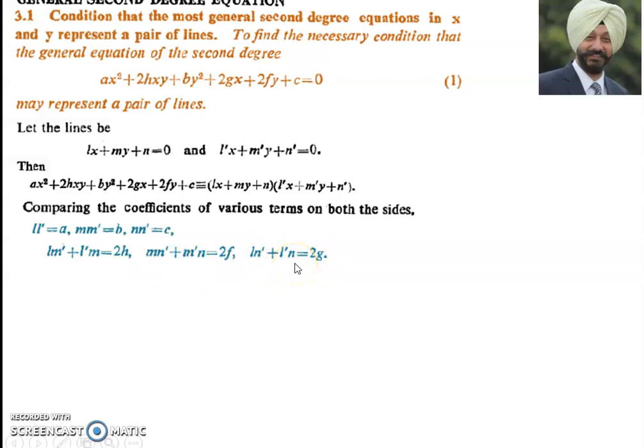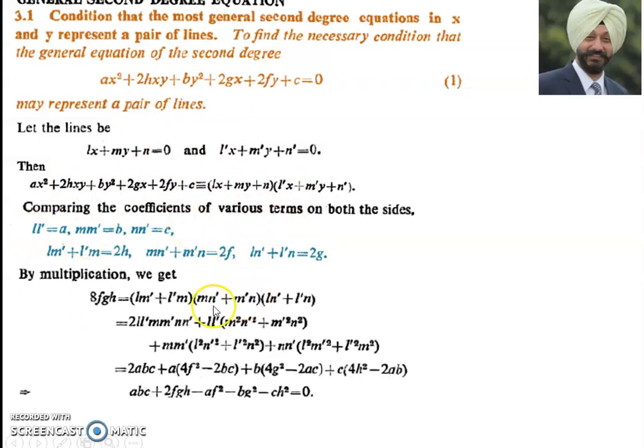Here students, be very careful when we multiply the right hand side and compare the coefficients. By multiplication we get 8fgh equal to (lm dash plus l dash m) into (mn dash plus m dash n) into (ln dash plus l dash n).